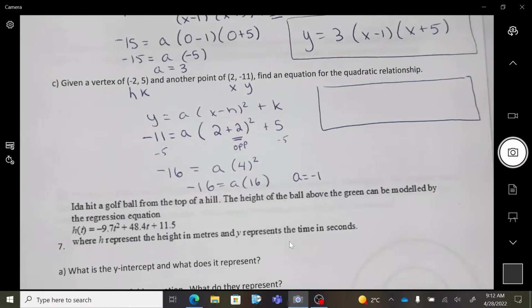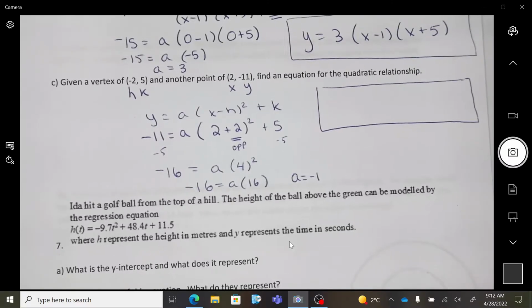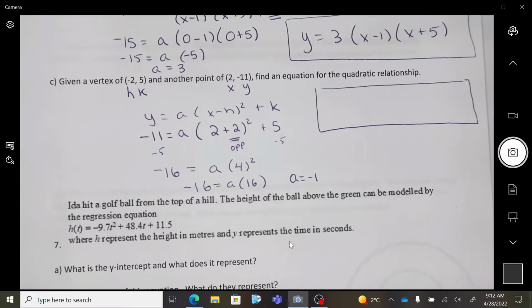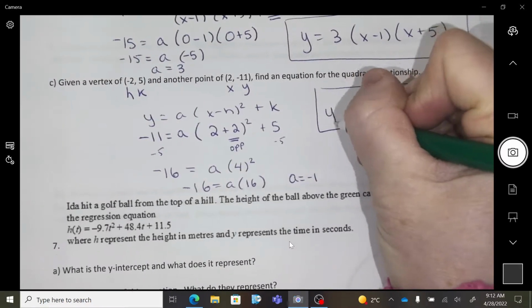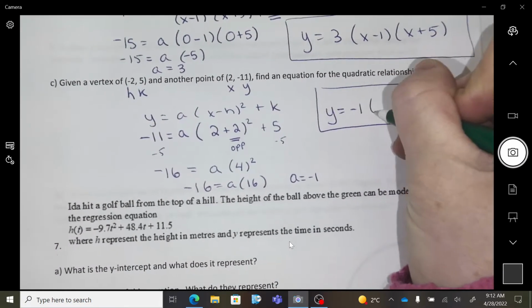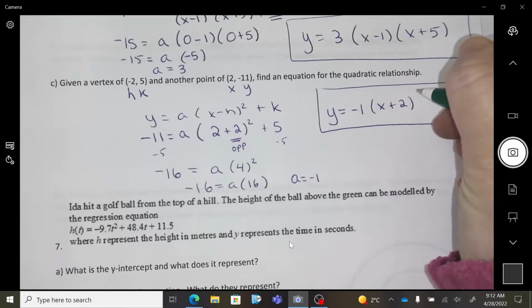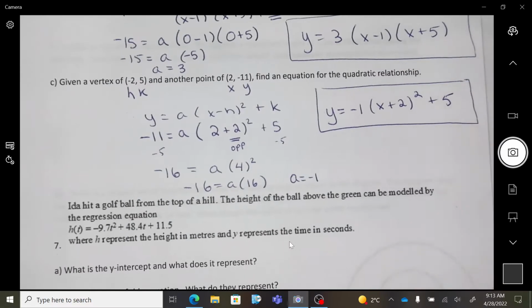So I'm going to write the formula with everything except x and y open. So remember, at the end, you want to make sure you're ready if you wanted to type it into your calculator.